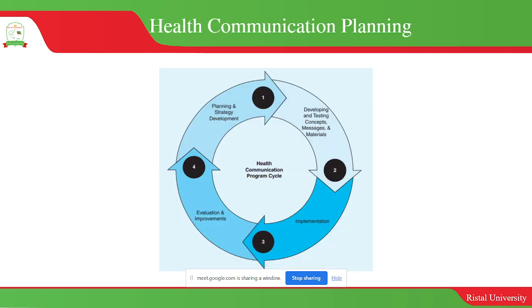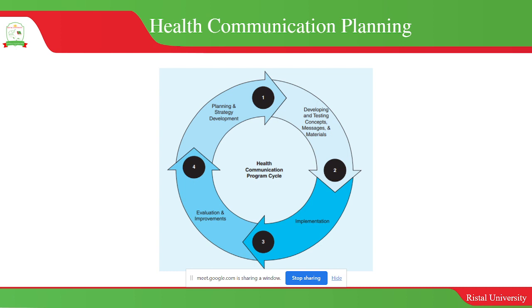Usually, the stages in most textbooks can be four. Okay, so you need to develop and test the concepts and messages that you want to pass over. Okay, and then you can now implement after putting everything in order in terms of what message you want to pass, who you want to pass it to, and the messages and the tools that you're going to use, the appropriate ones.